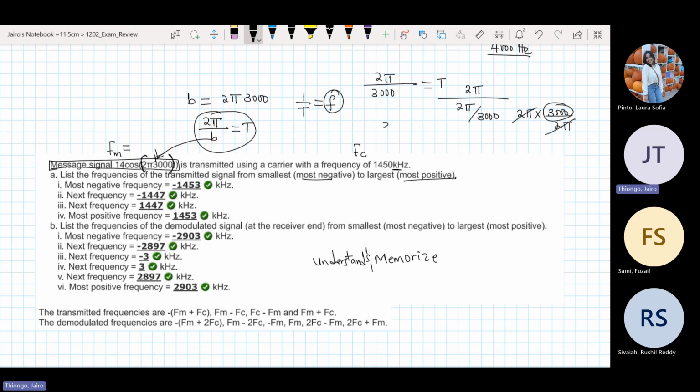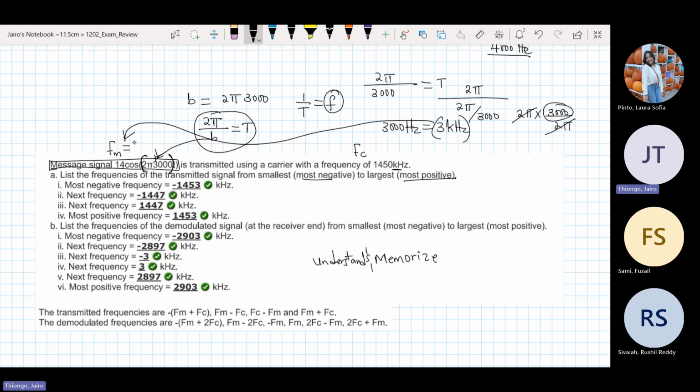So 3000 is given to us in hertz, and this was the difference I was recommending that we understand. So we have to convert it into kilohertz. It's equal to 3 kilohertz, and 3 kilohertz here is now our FM. I know it's a bit messy, but I hope you're following.